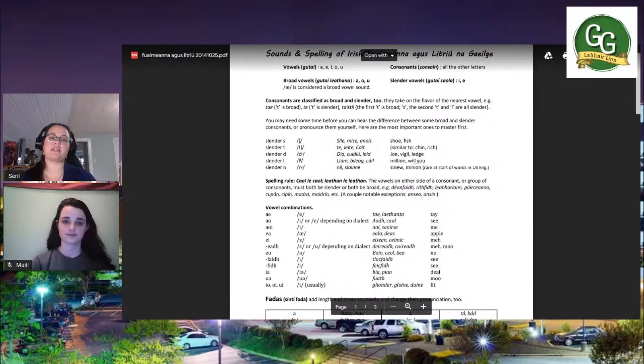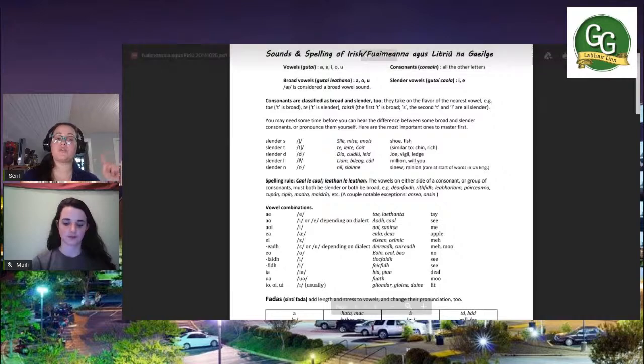If you go to that site, it's a synthesizer. You type in the word as it's spelled, and you hit the button, and it will say that word for you in a male voice or female voice, and in different dialects. And there are pronunciations for words in teanglann.ie, which is the online dictionary.